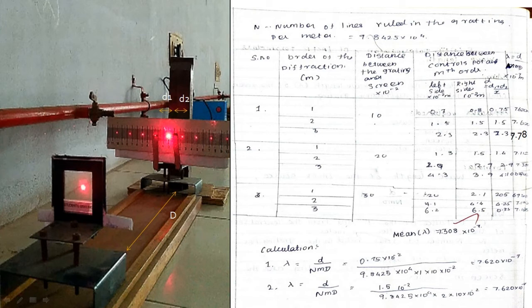The value is 7.620 into 10 to the power of minus 7 meter.